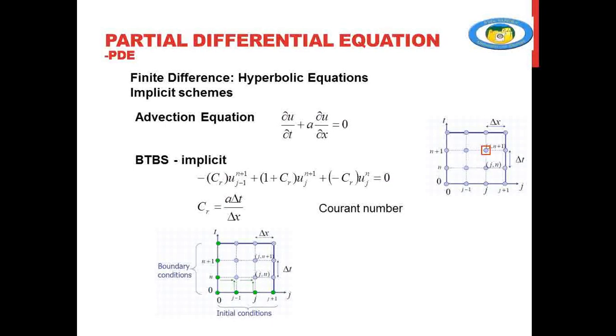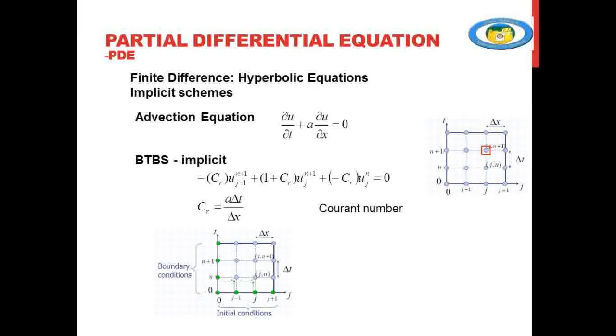So this is basically upwind scheme. And since it's expressed in terms of n plus 1, using n plus 1's node spatial scale, then we shall say this scheme is implicit.